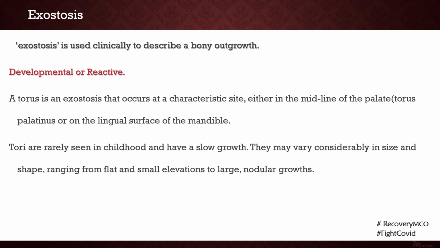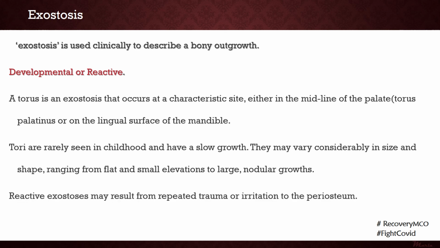Tori are rarely seen in childhood and show a slow growth. They may vary considerably in size and shape, ranging from flat and small elevations to large nodular outgrowths. Reactive exostosis, on the other hand, may result from repeated trauma or irritation to the periosteum.